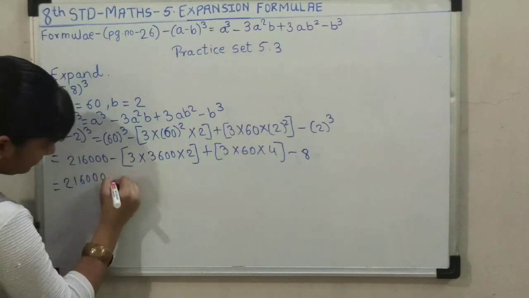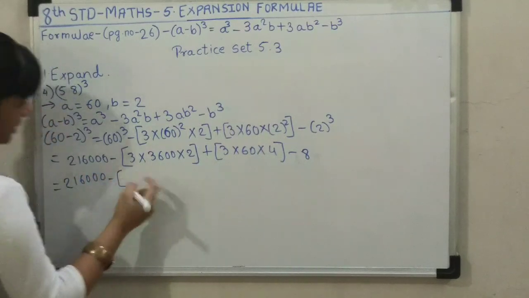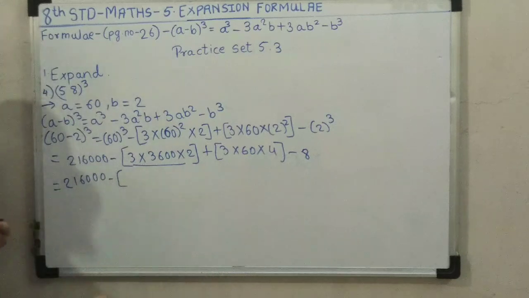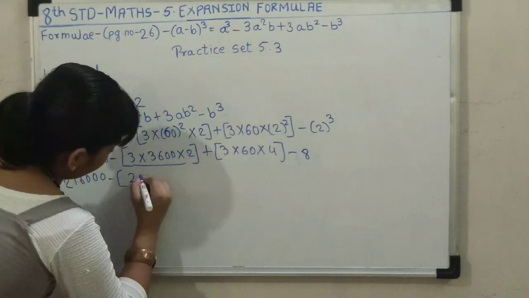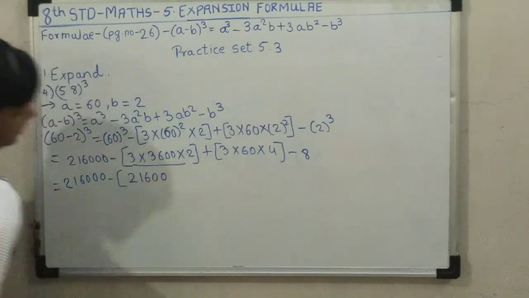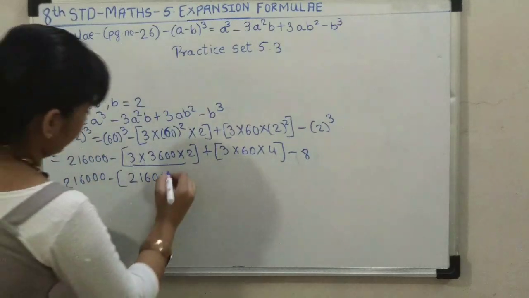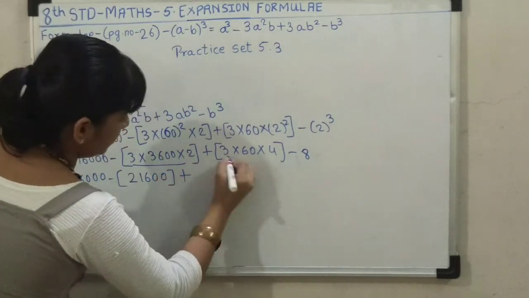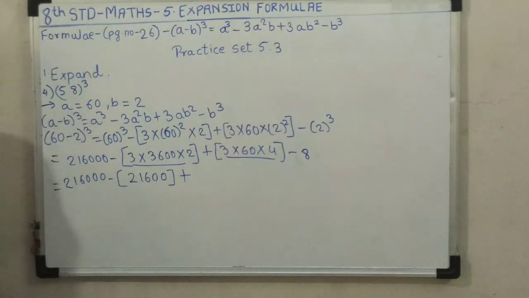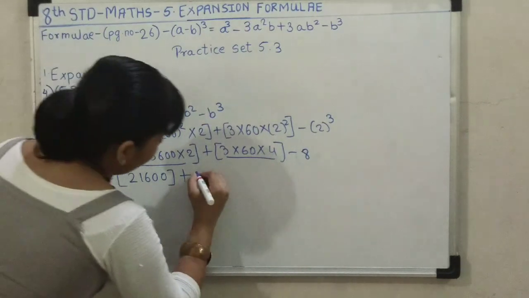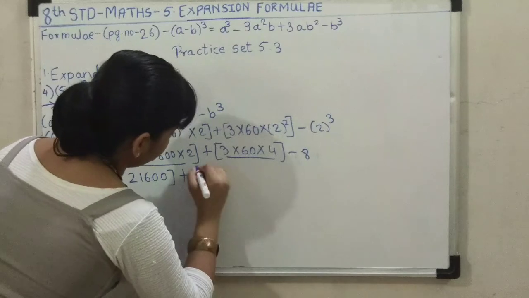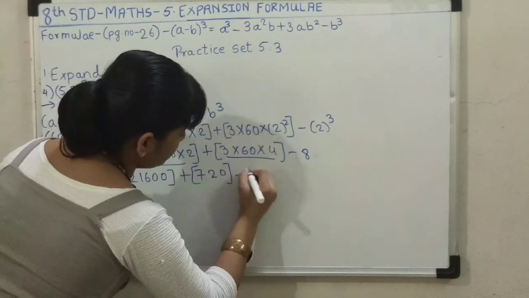So it is equal to 2,16,000 minus, here we will multiply these three numbers, we will get the answer as 21,600, plus here also we will multiply them, the answer will be 720, minus 8.